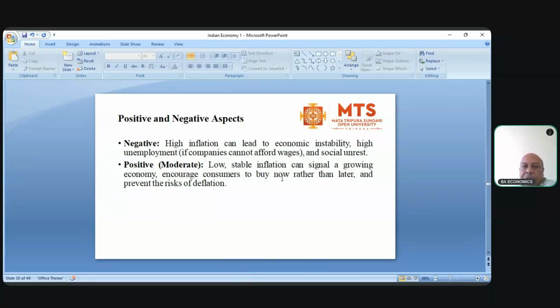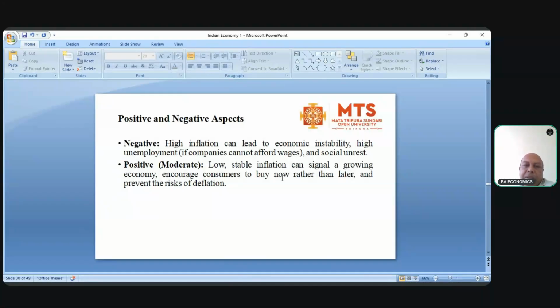Positive thing: actually, if inflation is very low, it is good for the economy. Stagnant prices are not good for the economy. If the price of a product is stagnant, not increasing for the last 5 years, 10 years, it is not good for the economy, because producers will be losers if the price of goods does not increase while manufacturing cost is increasing.